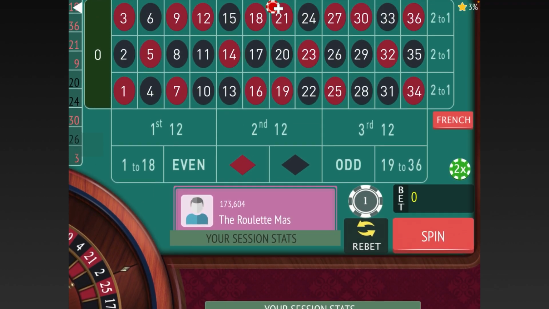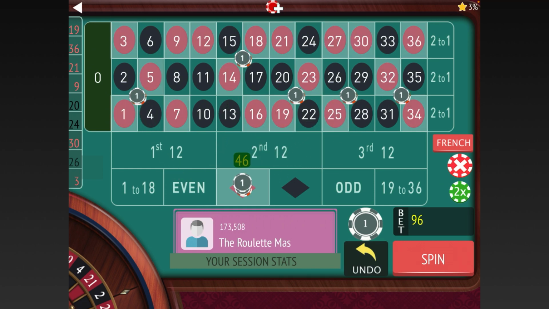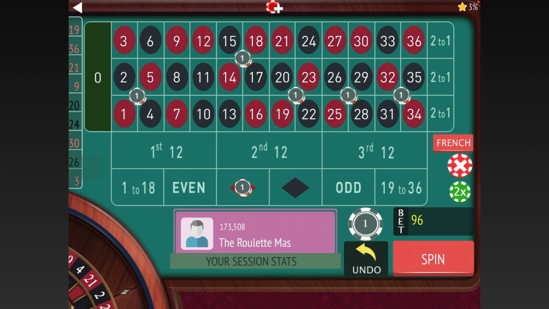But just remember, now we're going to go from 45 back 1 to 40. And then we're going to go from 10 to 8.